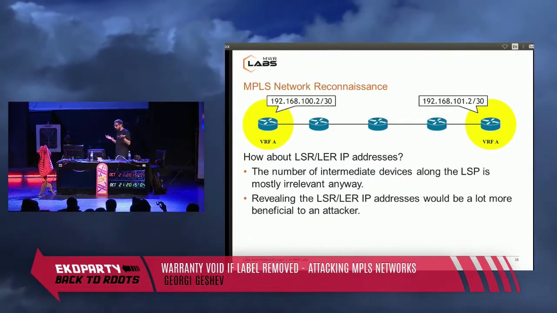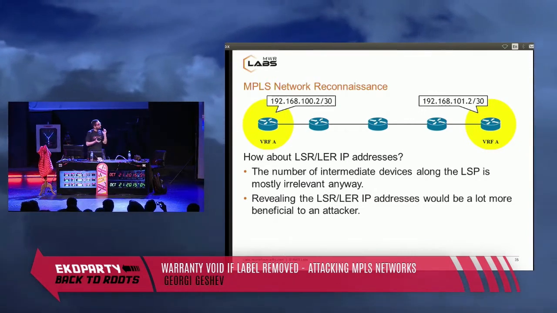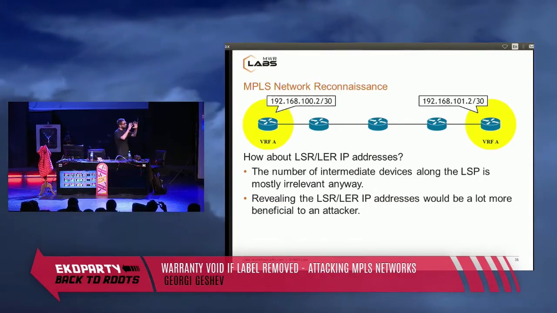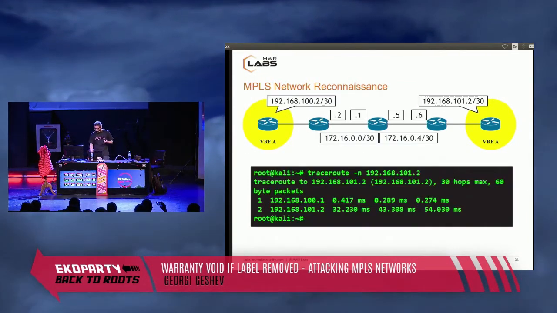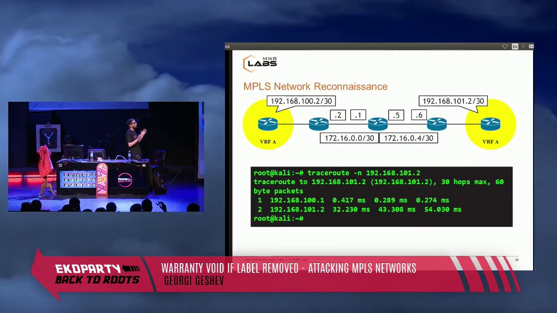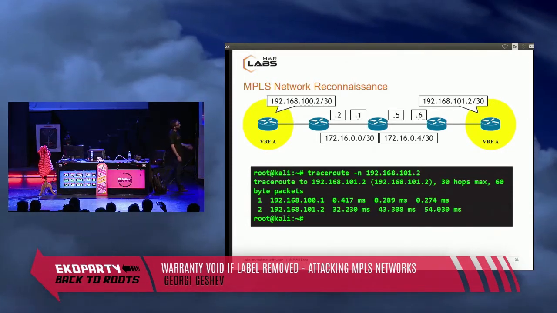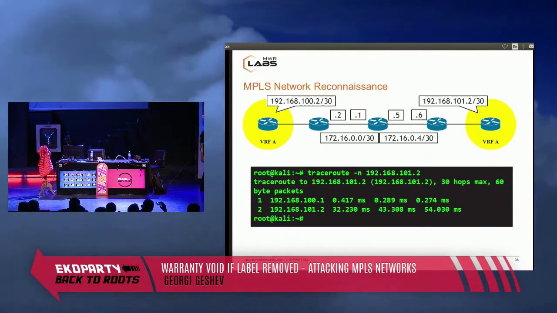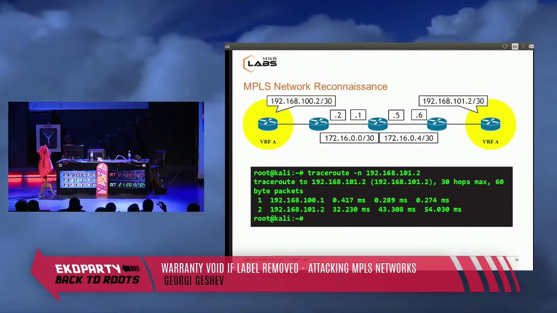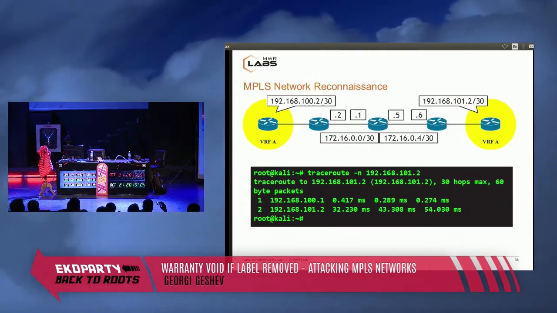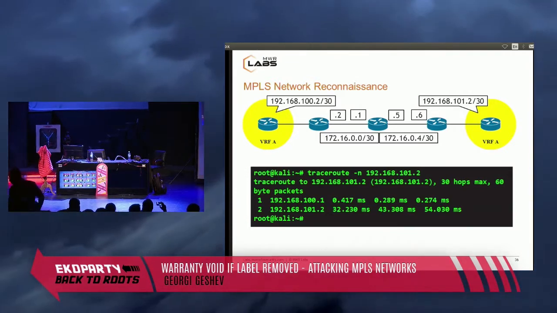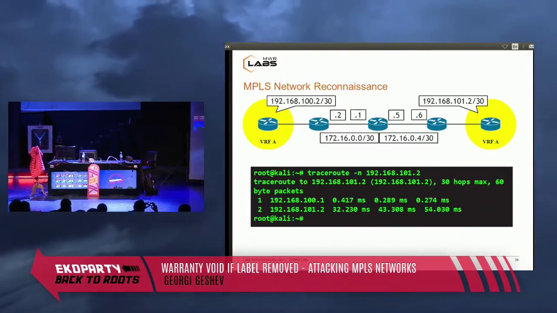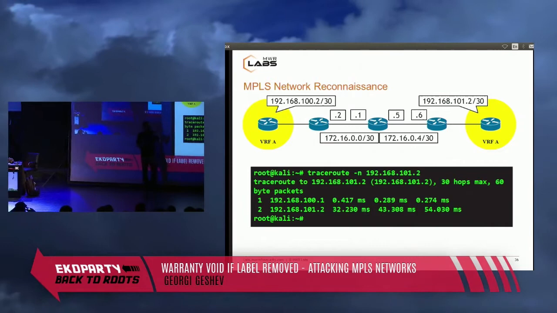Now, let's find a way to actually get some sort of IP addresses used within the MPLS domain. Again, remember IP TTL propagation is disabled, and ICMP tunneling is disabled, which basically means when we perform a traceroute, imagine this VRF A customer facing, service provider facing customer device. It's just a Linux box.